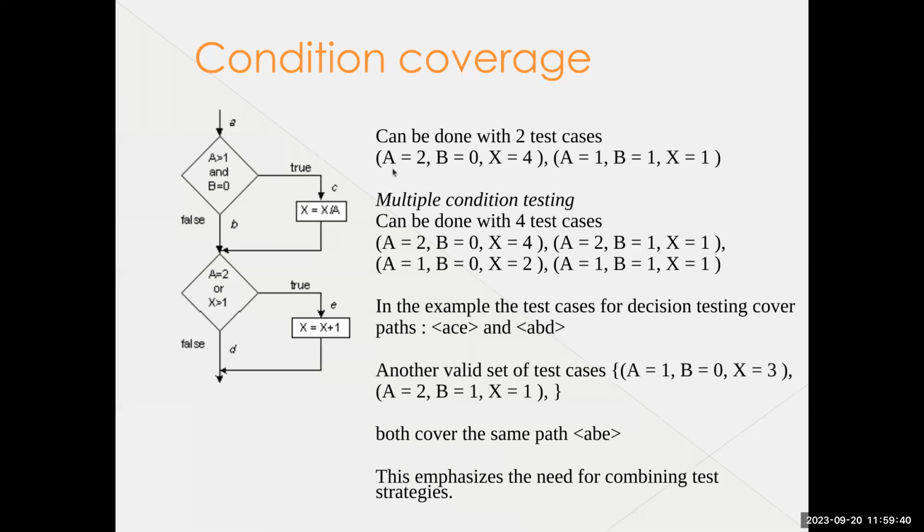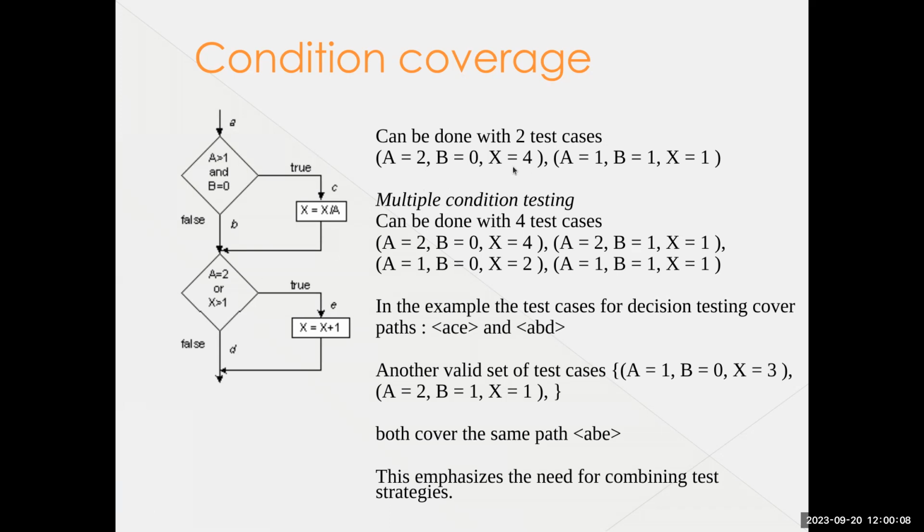Now if we select these two and x is 4, it will go to this side, and this will check if A equals 2 or x is greater than 1.